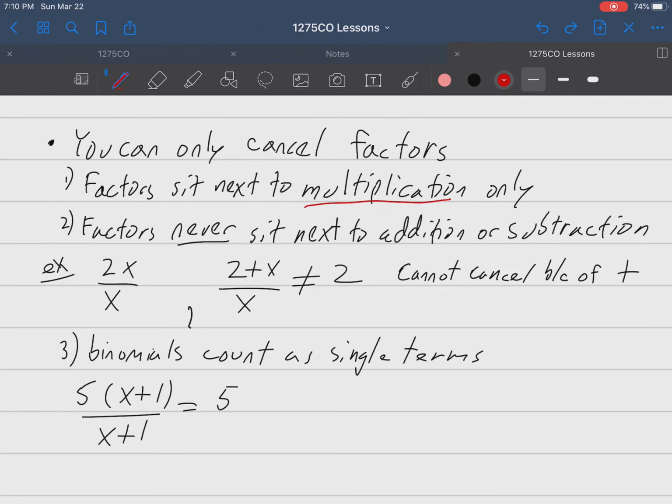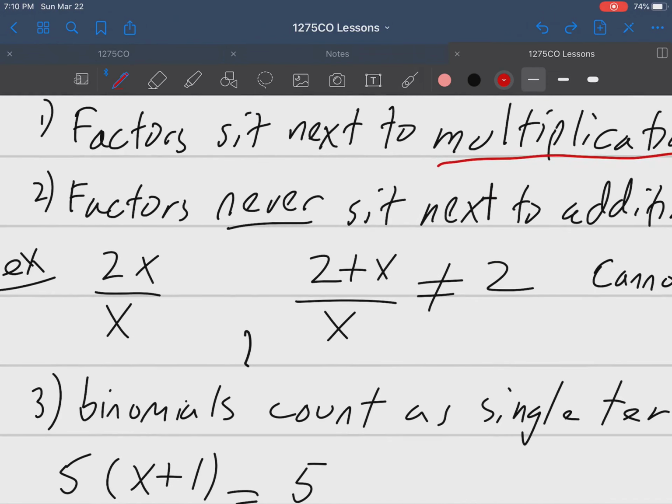So an example of that is that 2x and x cancels out. That's because this over here is 2 times x. The multiplication is not written, but it is there. So 2x over x reduces to 2. But if this 2 and this x are separated by a plus sign, or they could be separated by a minus sign also, doesn't matter, this will not reduce to a 2.